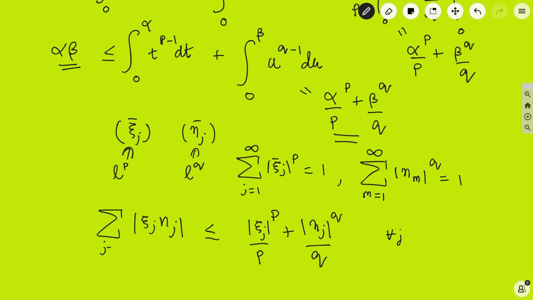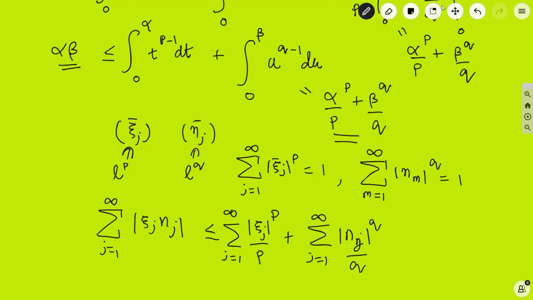Summation j from 1 to infinity on each term. So let me actually write it properly so that it looks good. You have plus summation j from 1 to infinity, eta j to the power q by q.